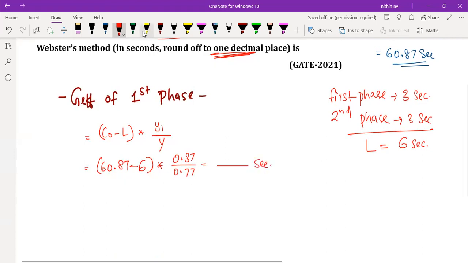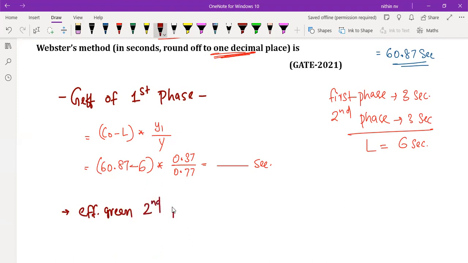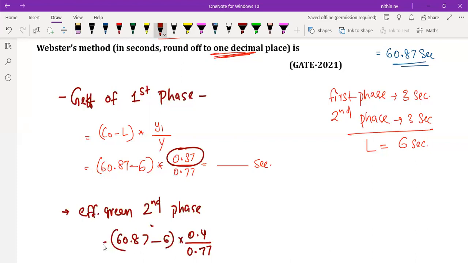Suppose if they were asking the effective green time for the second phase, then what change is going to happen? Instead of this 0.37, we'll be having 0.4 here, right? 0.4 by 0.77. All remaining values are same. 60.87 minus 6 into that. Okay, so this is the effective green time for the second phase.